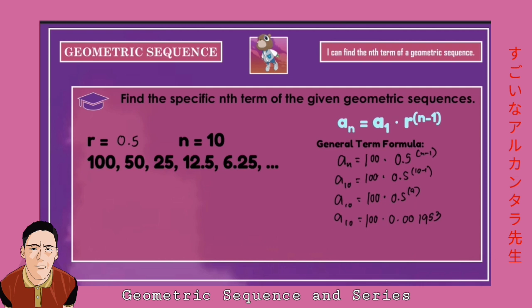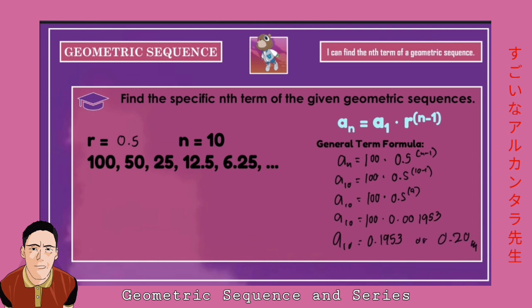But it's important that you know how to substitute so that you will not be confused. So if you multiply 100 by 0.5 raised to 9, the answer that we'll get there is 0.1953. Or you may simply put this as 0.20.